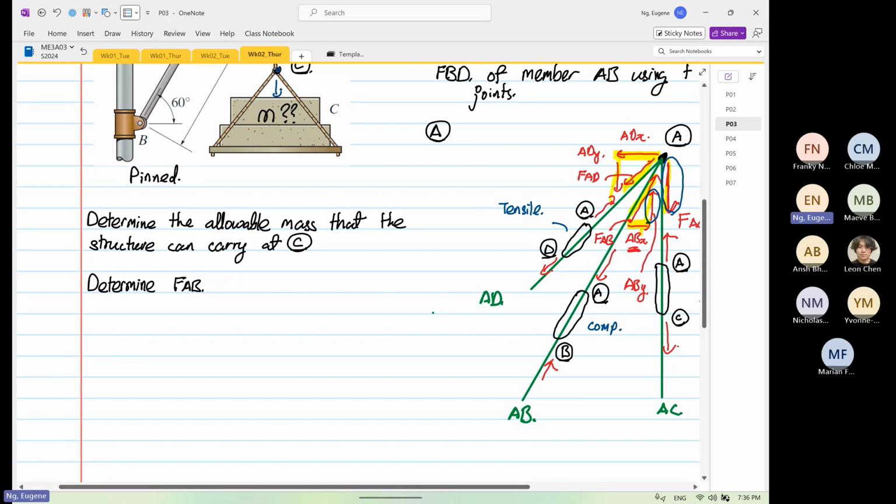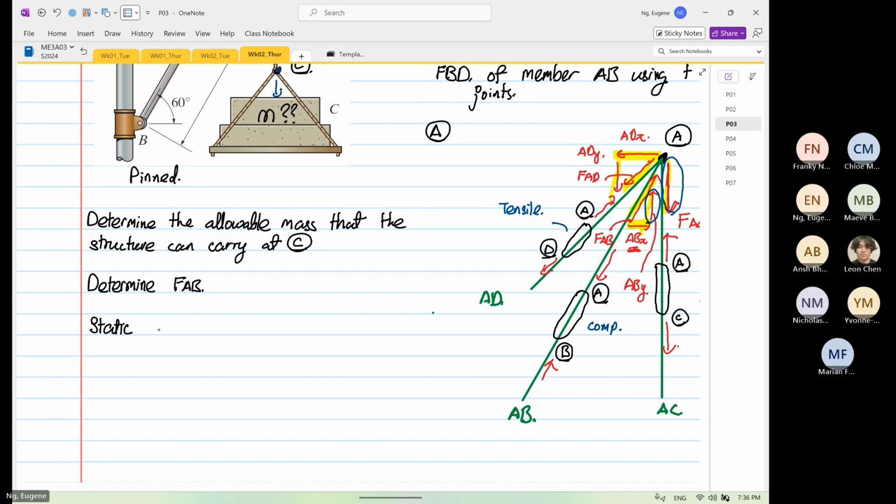So we are going to apply static analysis. We're going to focus at point A. Static analysis at point A. Positive is coming out. Summation of forces in the y direction is equal to 0.